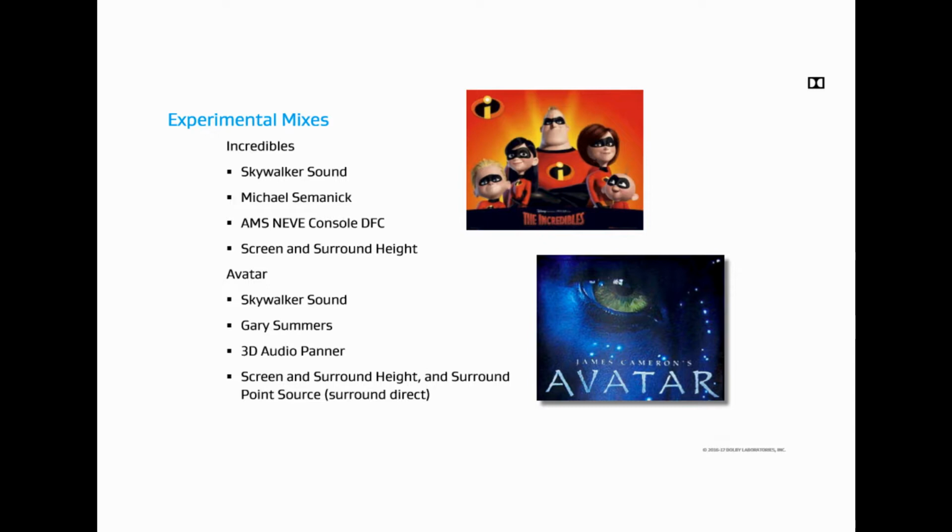There was a custom mix of Avatar, and these were important activities early in the development of Atmos, because we literally created a dub stage in the middle of a working cinema and worked through with mixers what their preferences were and what features they found desirable on the mixing and rendering side.